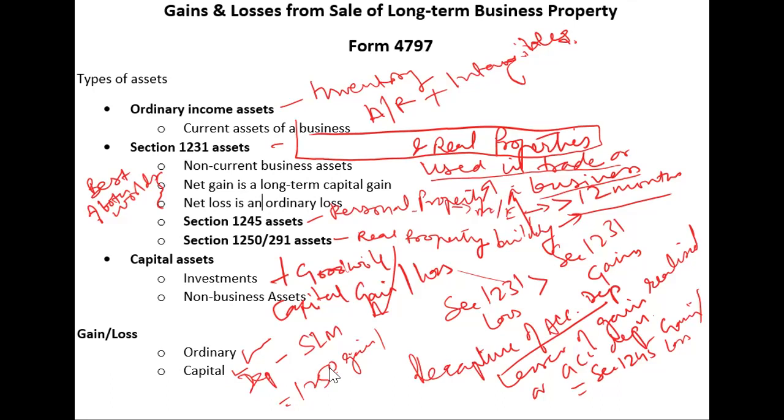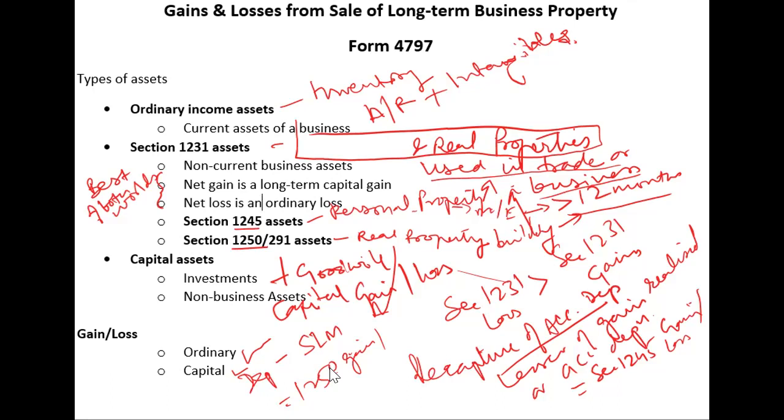Then excess gain, in both cases, 1245 and 1250, is section 1231 capital gain.